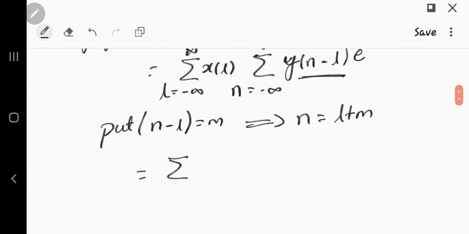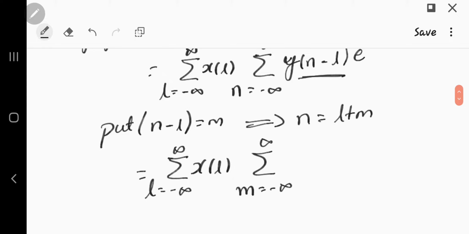So that gives us summation l equals minus infinity to plus infinity x of l, and here the summation I will change to m, m equals minus infinity to plus infinity y of m e power minus j omega times l plus m.